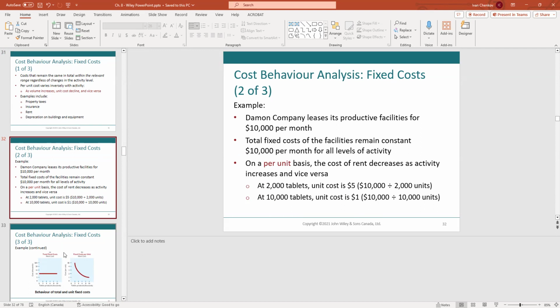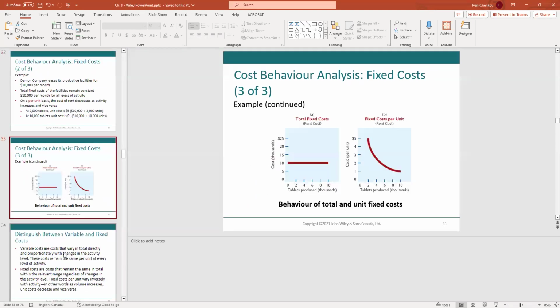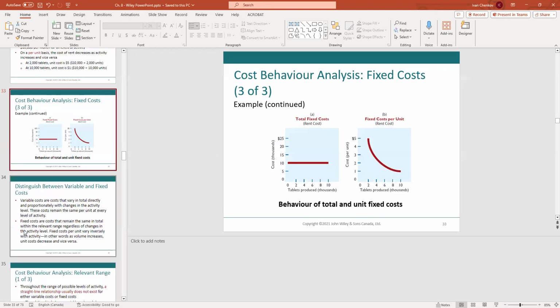If 4 people live in that same apartment, then the cost per person goes down to $250. What's your incentive? To put as many people as you can in that small apartment. That's how you're going to reduce the cost per person. So for that reason, the total fixed cost always stays the same. The number of usages of the activity is what reduces the cost per usage for that activity.